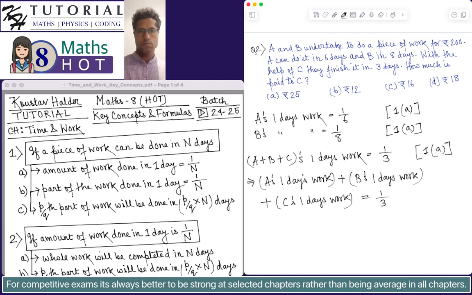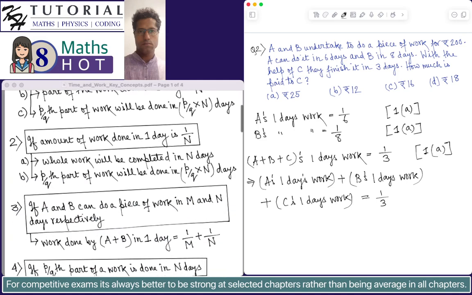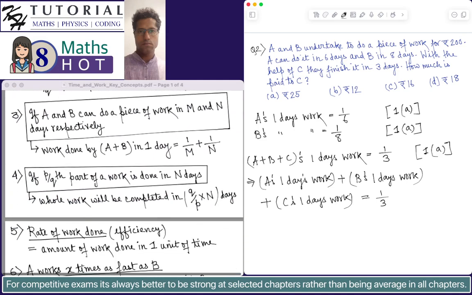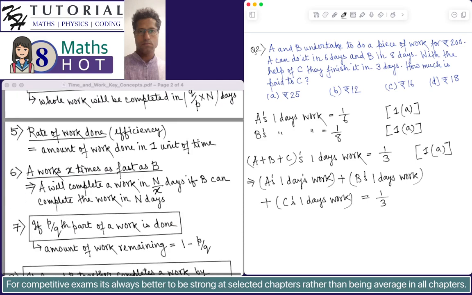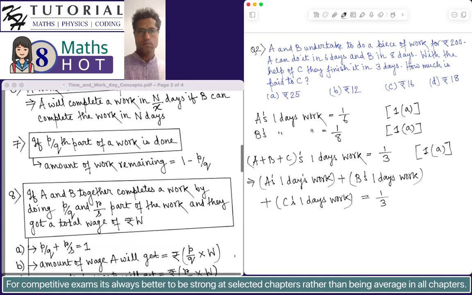Now, the concept is A plus B plus C's 1 day's work is equal to A's 1 day's work plus B's 1 day's work plus C's 1 day's work. This is based on the concept, we know that, it is not written.